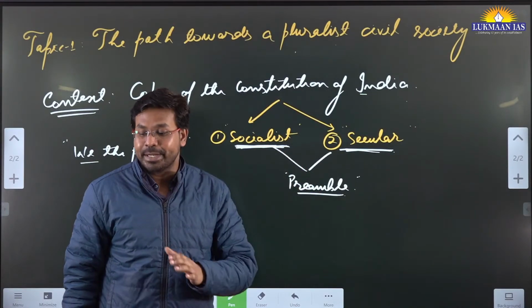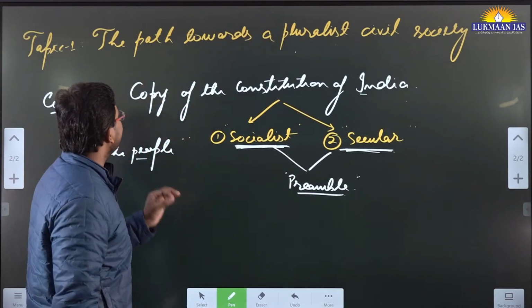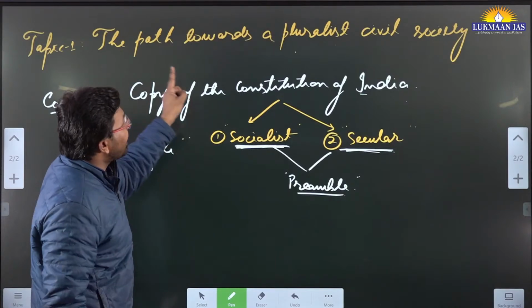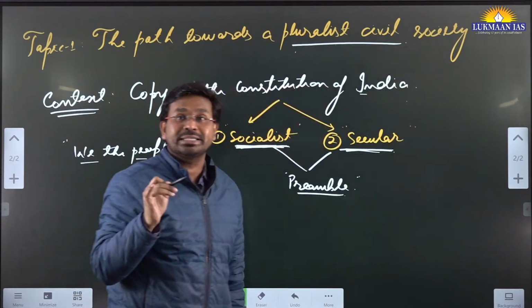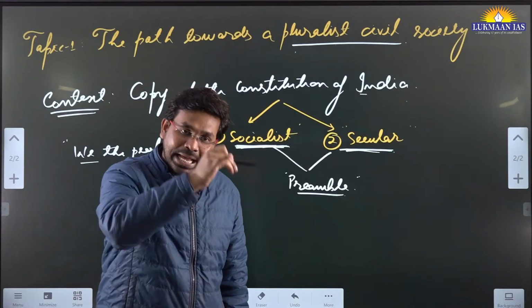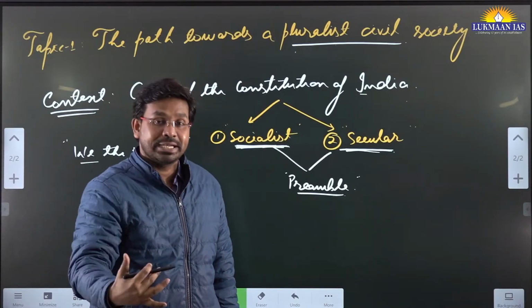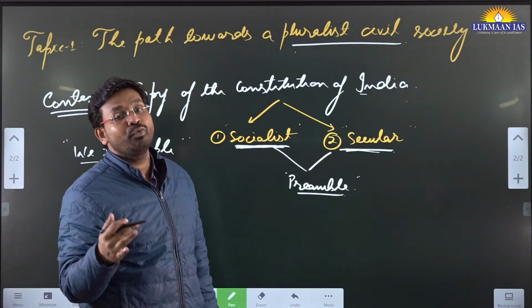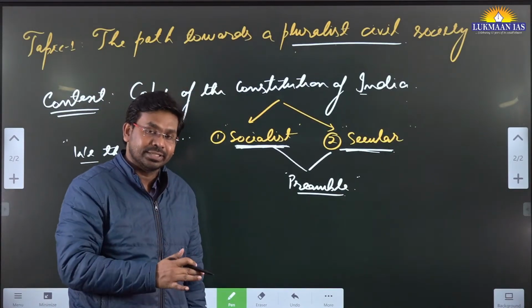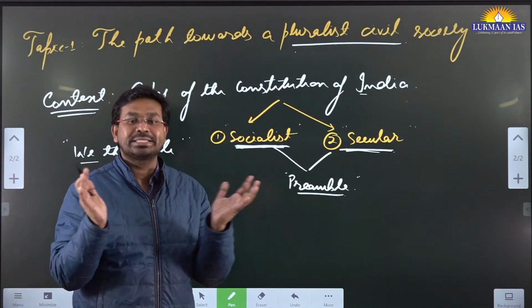So in this particular article, the author is pointing towards a view on the path towards a pluralist civil society. When we talk about a pluralist civil society, it means that in our country we have civil society organizations, we have people who follow different faiths and different religions, but they coexist together.